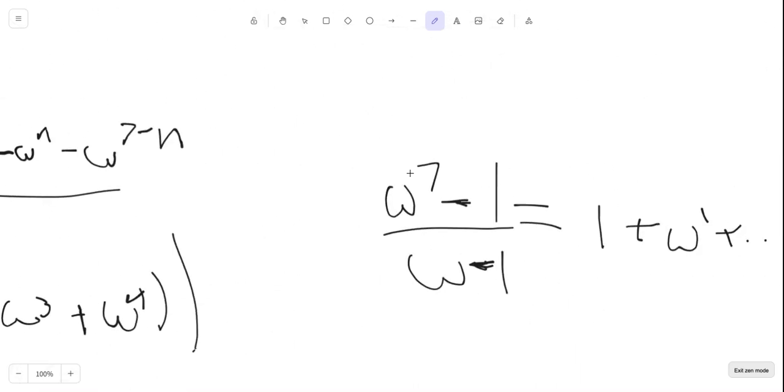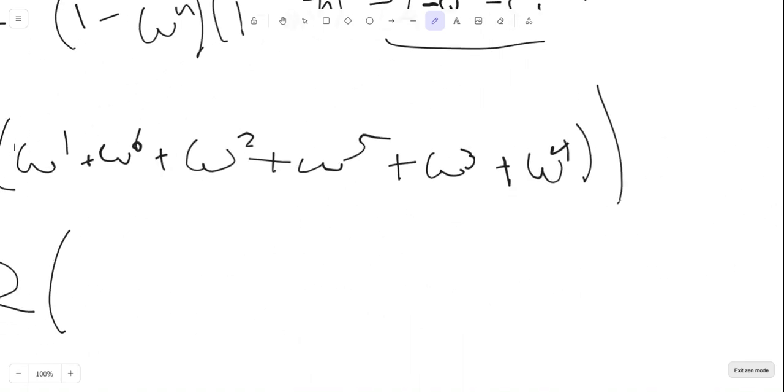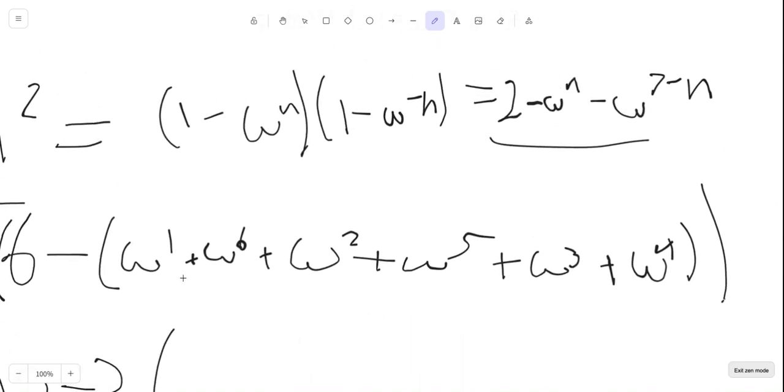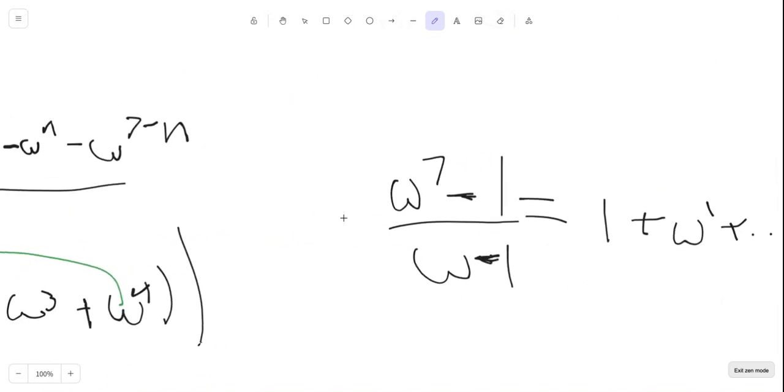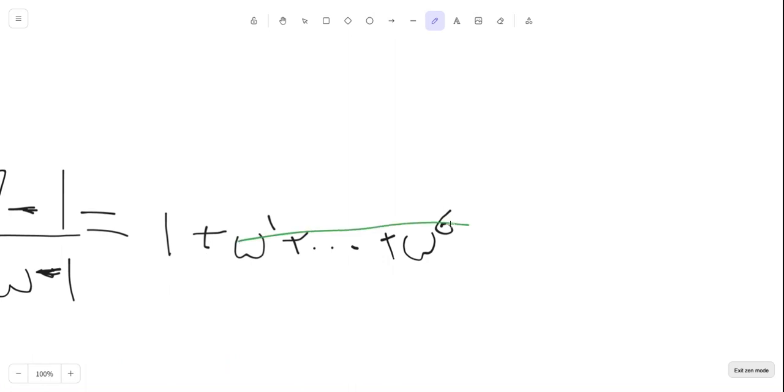Okay, so if we let this sum be S, then S is just these 6 terms.